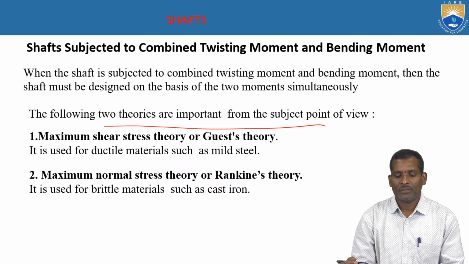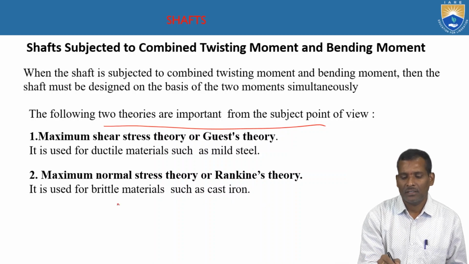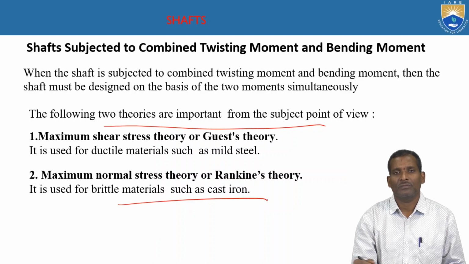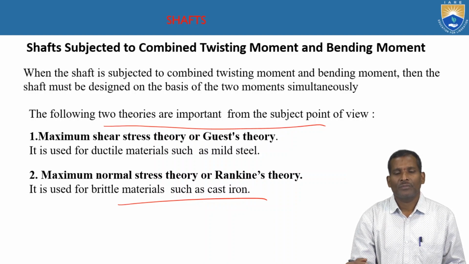The maximum shear stress theory, or Guest's theory, is used for ductile materials, and the maximum normal stress theory, or Rankine's theory, is used for brittle materials. An example of a ductile material, for which Guest's theory is used, is mild steel.